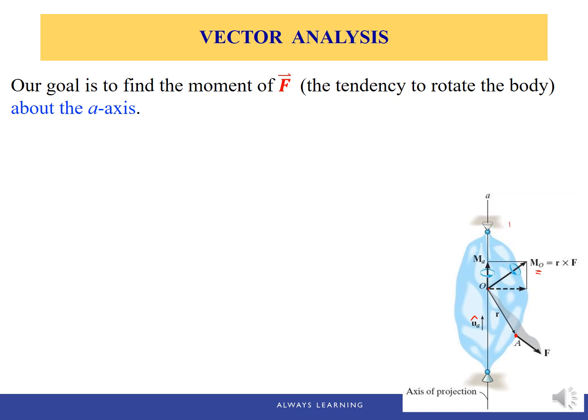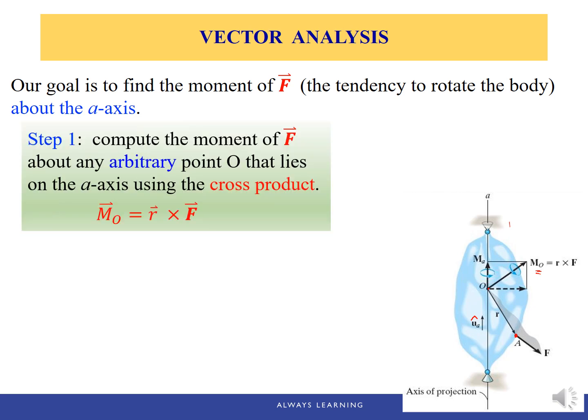Now the first step to find the moment about the axis is to compute the moment of the force F about any arbitrary point O that lies on the aa axis using the cross product.